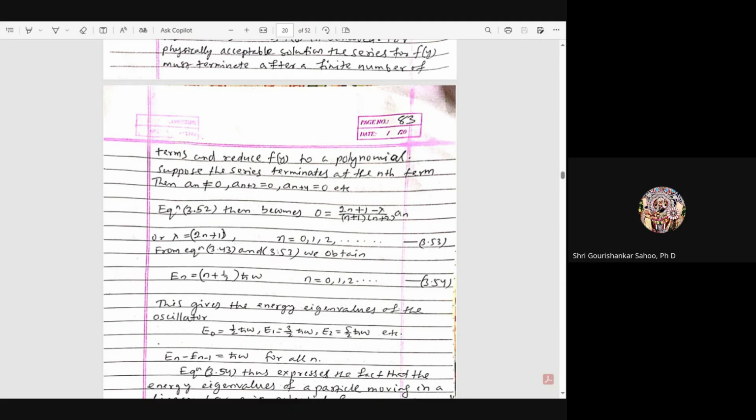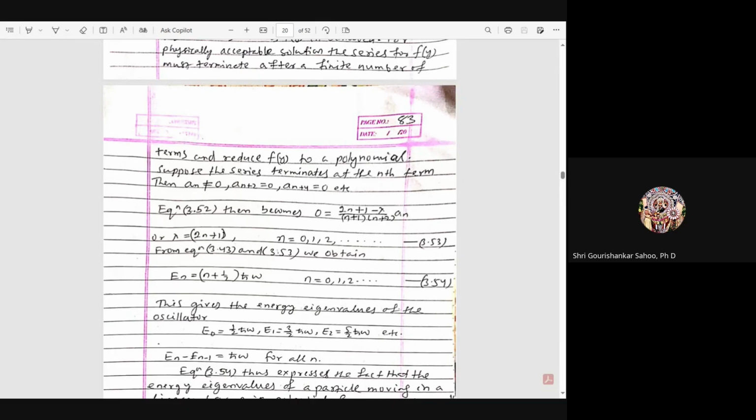This gives the energy eigenvalue of the oscillator, and your E0 will be half h cross omega, E1 will be 1 plus half multiplied by h cross omega, which is equal to 3 by 2 h cross omega, E2 will be 2 plus half multiplied by h cross omega, which is equal to 5 by 2 h cross omega, and so on and so forth.